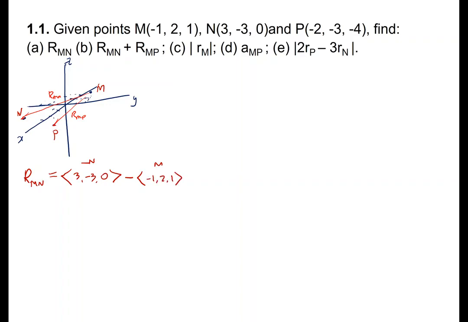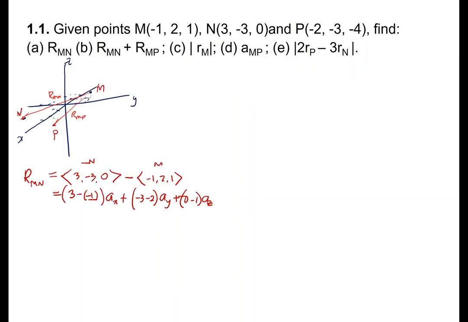This is just a representation of a vector. When we apply the rectangular or Cartesian coordinate form, we do 3 minus the negative of 1 along x, so this is ax, plus negative 3 minus 2 along y, plus 0 minus 1 along z.